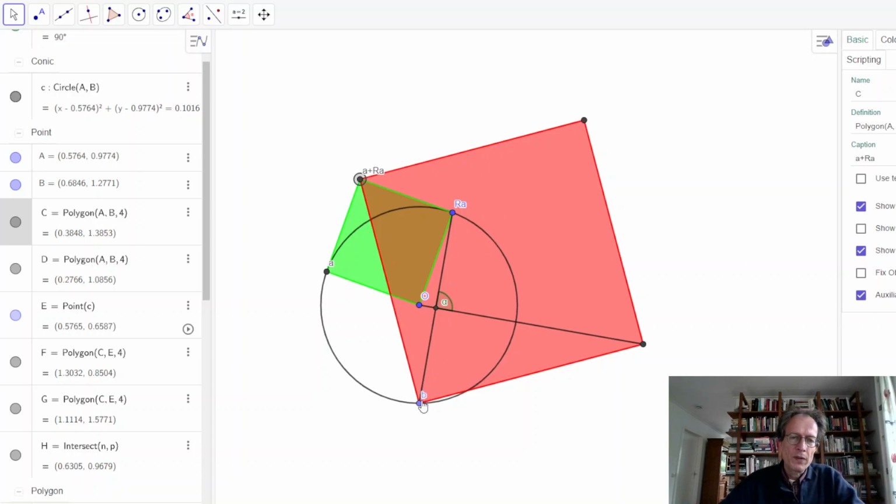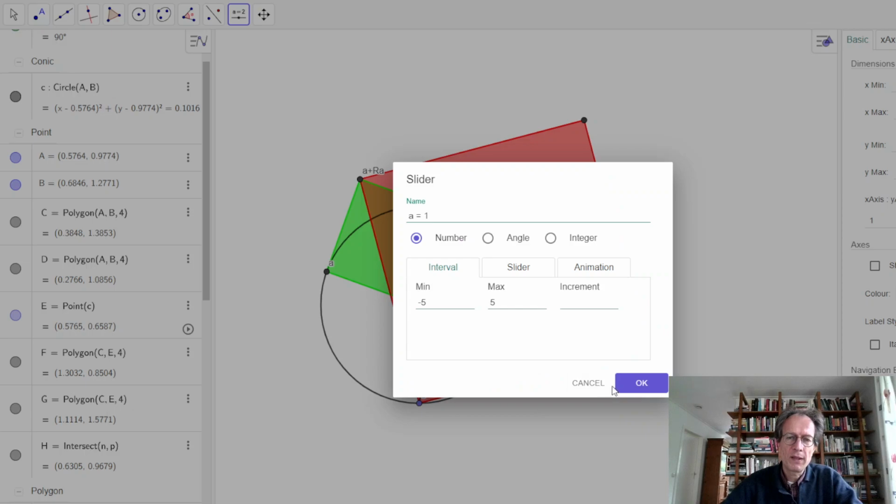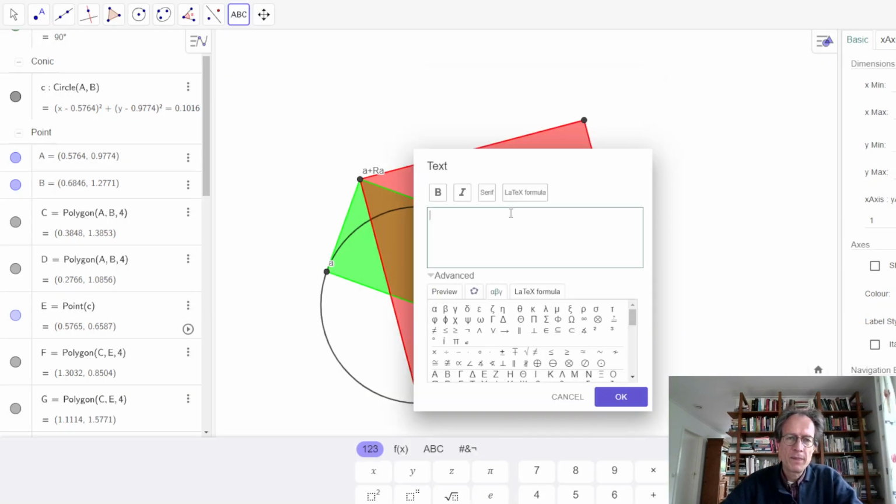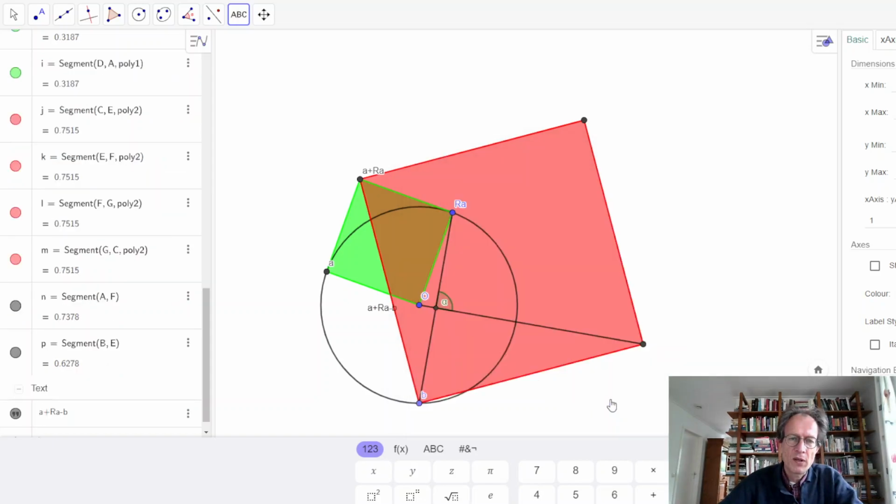Now, the vector which is along this side of the red square is the difference of those two vectors, so we have there A plus RA minus B. That's the vector from there to there.